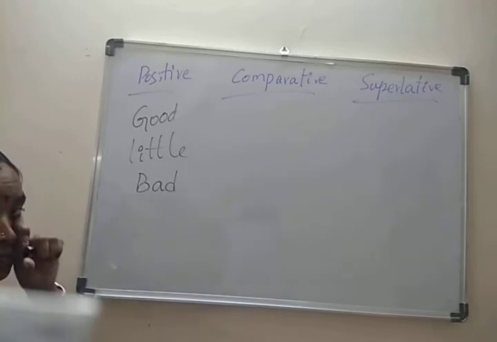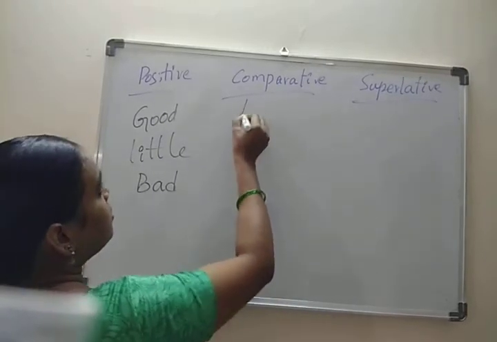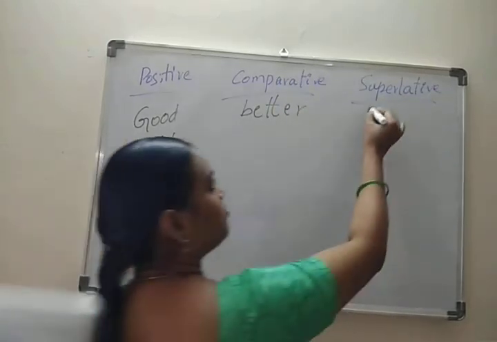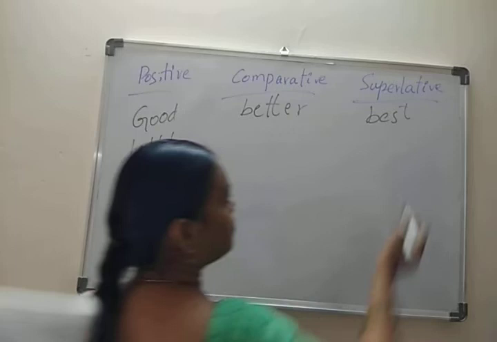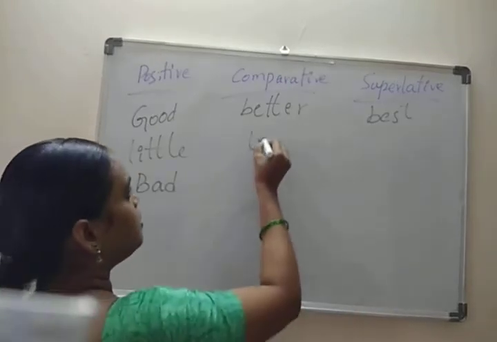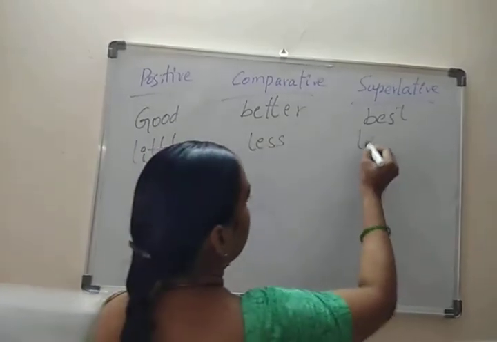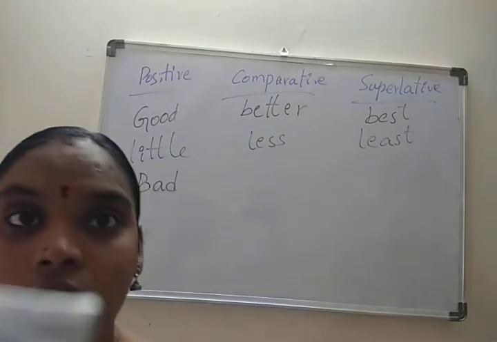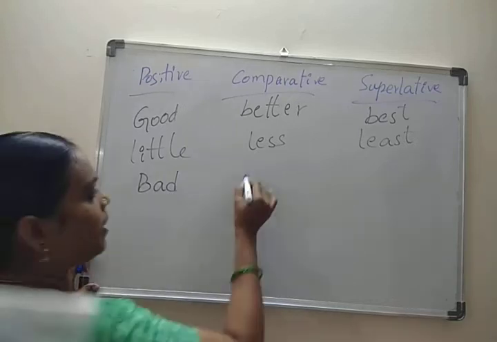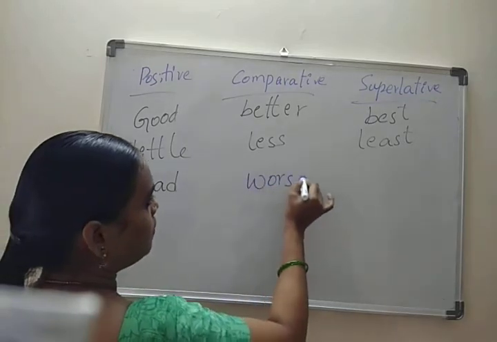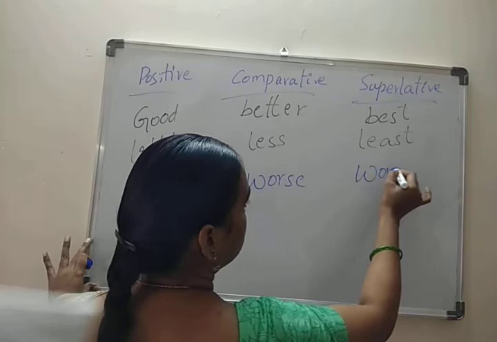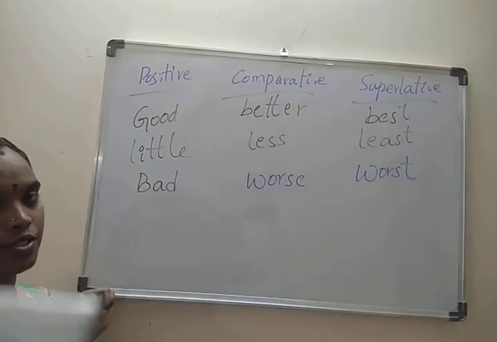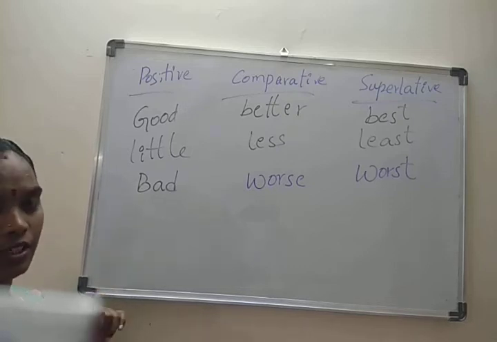These are the adjectives. So how do we use these? Good: better and best. Little: less, least. Bad: worse, worst. These are some other adjectives that do not follow any rules.